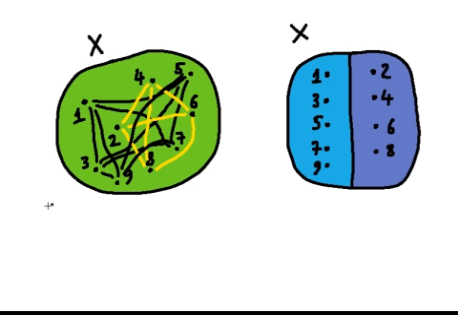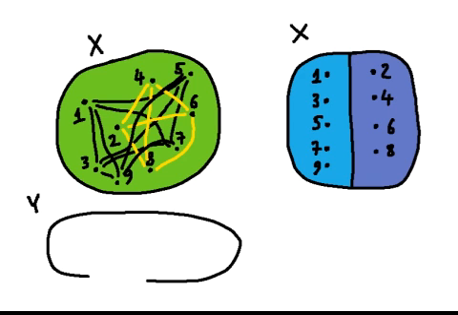So just to look at another example, let's take a set Y. And now let us consider elements of Y to be balls of different color. So let's say we've got a red ball here and there and there, and then we've got a yellow ball here and there and there, and then we've got a blue ball.